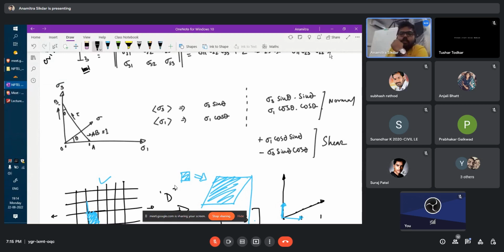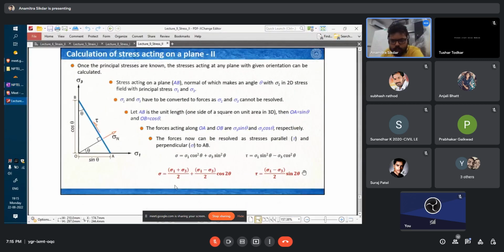If you deduce the components along sigma 3, the force will be sigma 3. Do you know how this is happening, and have you read this somewhere else? Otherwise I'll just tell you that this will be the shear stress, not this one.